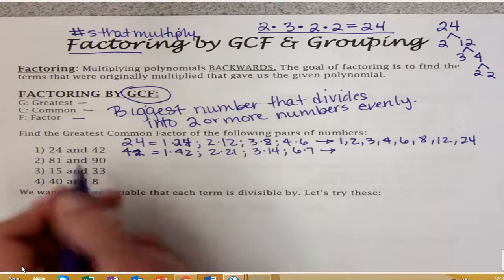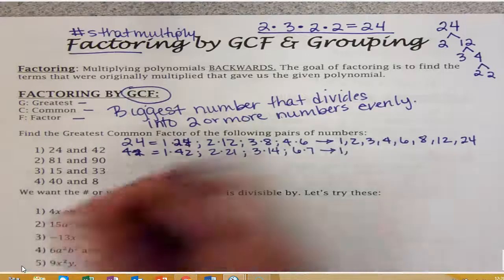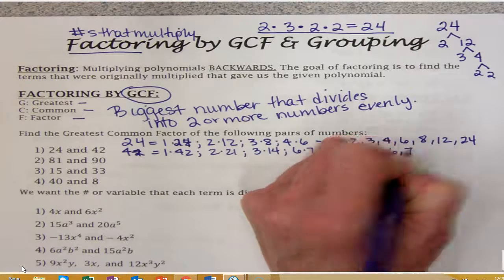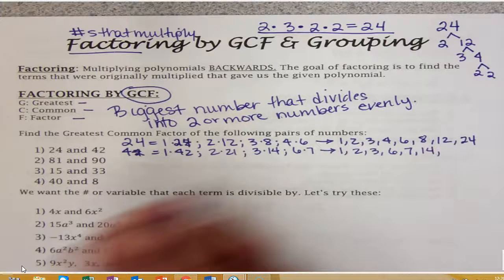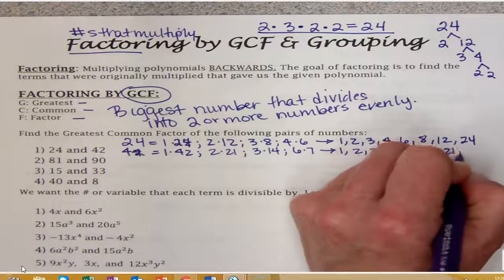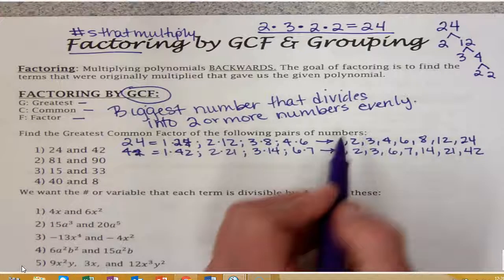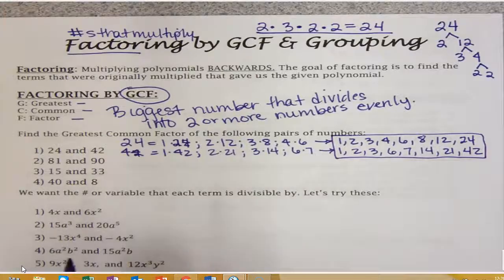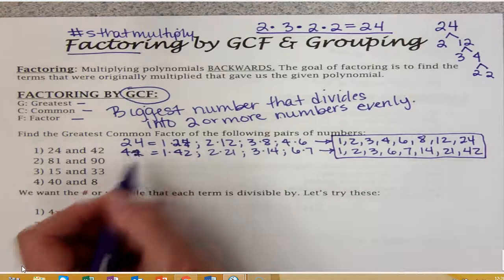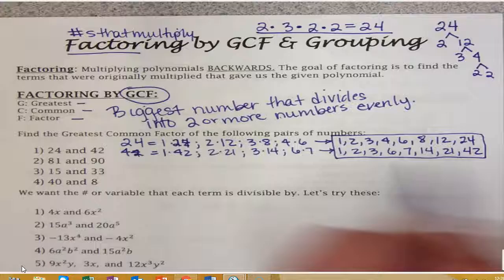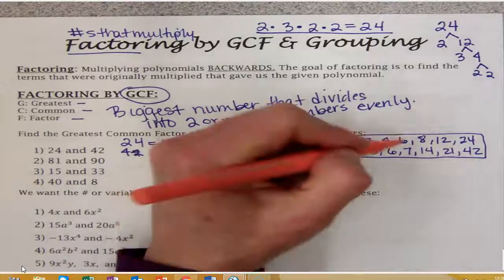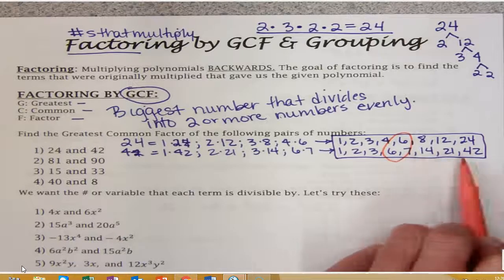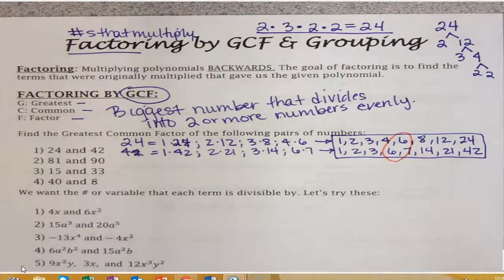So my factors of 42 would be 1, 2, 3, 6, 7, 14, 21, and 42. So what is the biggest number that is common between both 24 and 42? Well, it looks like it would be 6. 6 is the largest number that goes into both 42 and 24.